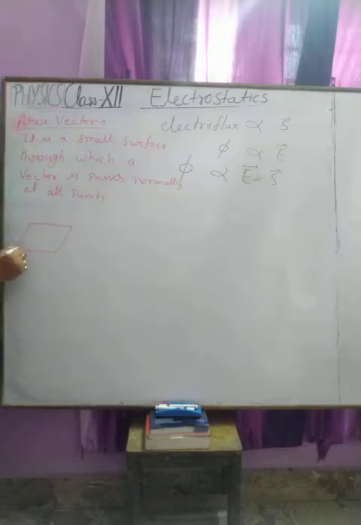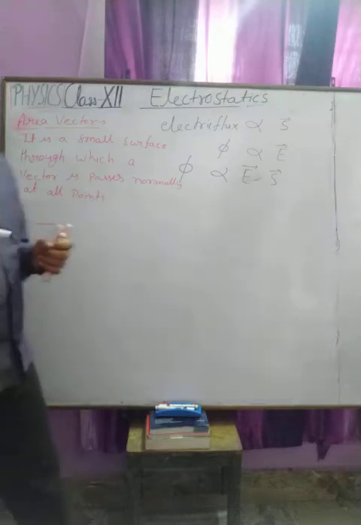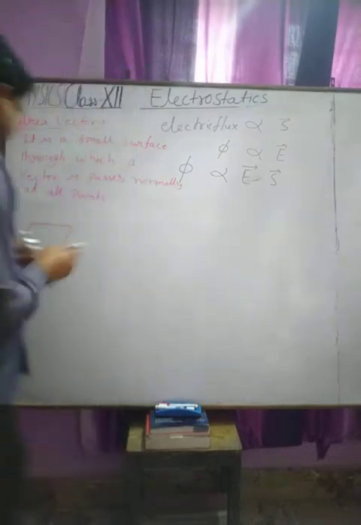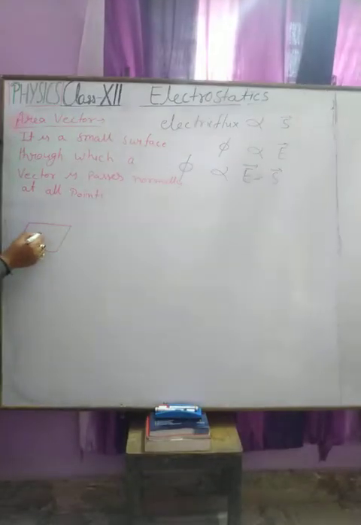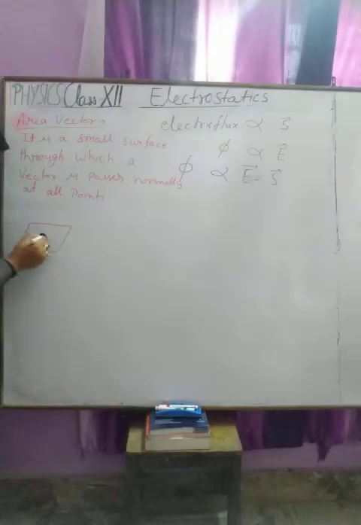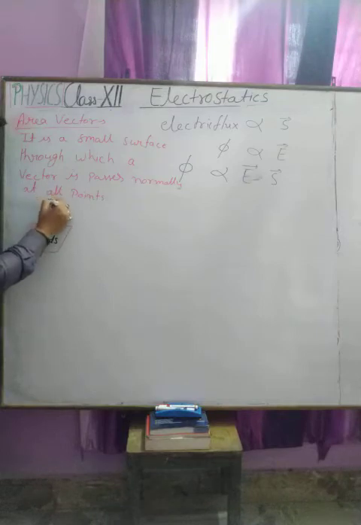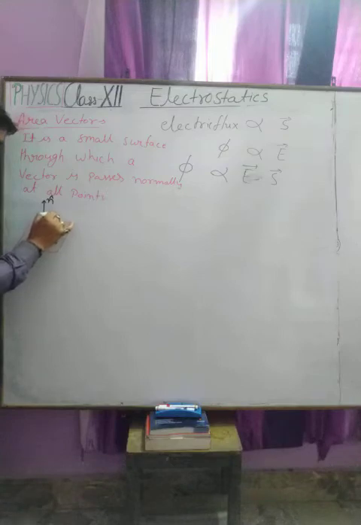Suppose this is a surface S, and this surface can be formed by small surfaces. So we are taking here a small surface. This small surface is called ds, and the area vector, which is in the direction of n cap, is given by ds vector.